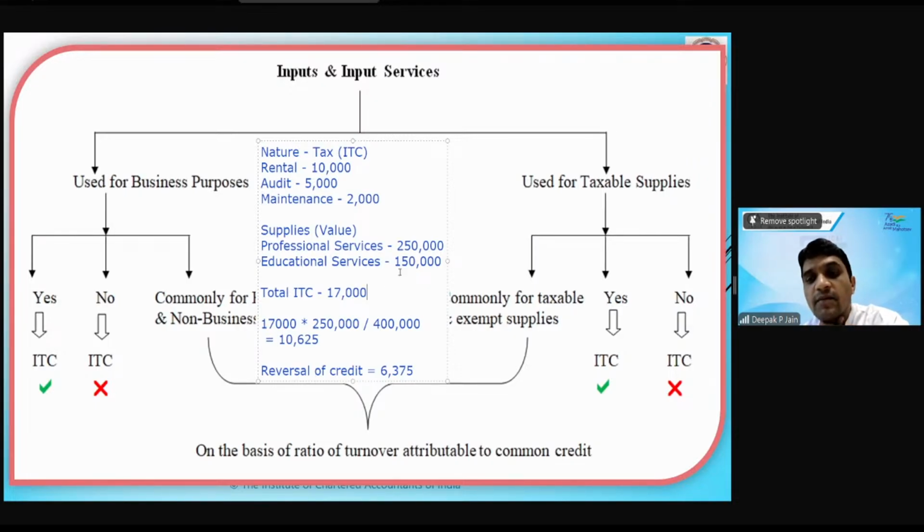Is there any time limit to reverse the balance credit? Yes, there is a time limit within the month. So when you file your return, at that point of time, you have to reverse the credit.